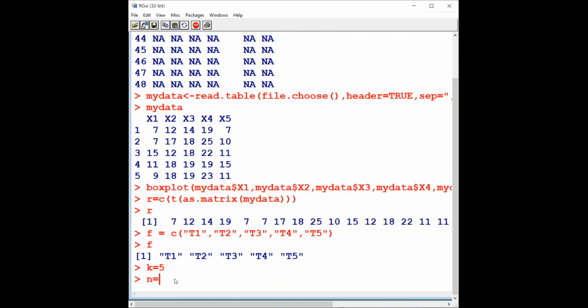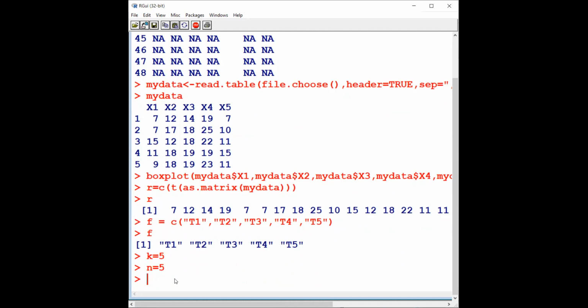If we take the number of replicates as n, we have n equal to 5. Now for each and every item in my row vector, I have to give these treatment names. To do that, I'm going to use a function called gl.